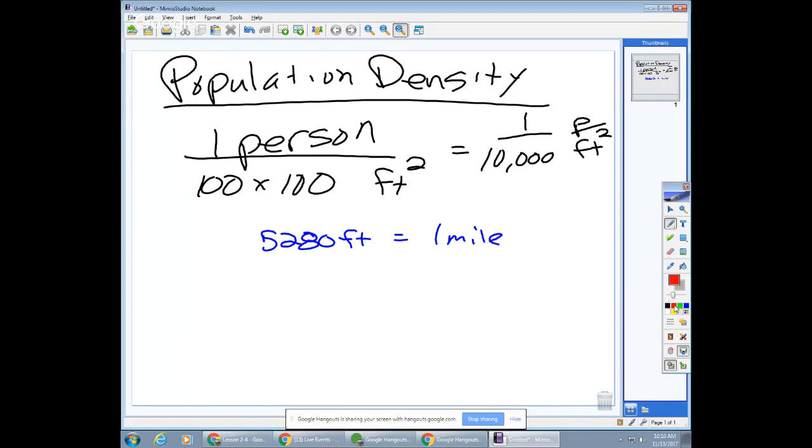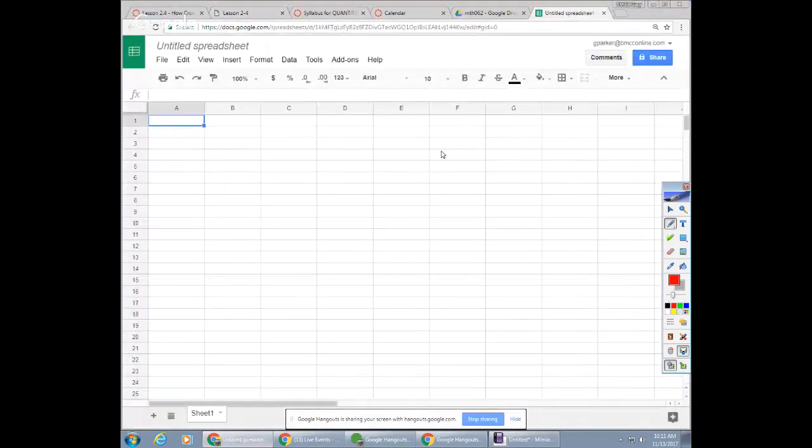We need to change that into square miles, which means we need to square both sides here. And that'll change us from linear measurements to square measurements. So we've got to whip out our calculators and figure out what 5,280 squared is. So, my calculator, miles versus feet. 5,280.